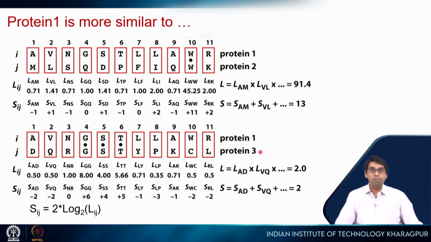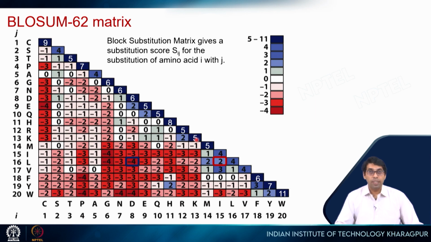So, now the question comes: how do we get these numbers? How can we tell what is the weightage of substituting one amino acid with another amino acid? And this type of weightage is given by a matrix called the BLOSUM matrix, block substitution matrix, right.